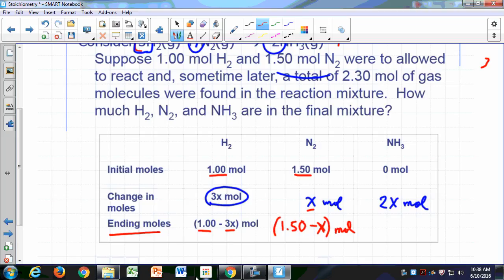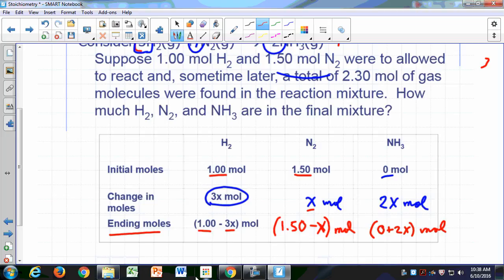In the case of ammonia, you start with 0, you make 2x, so you end up with 0 plus 2x moles of ammonia.